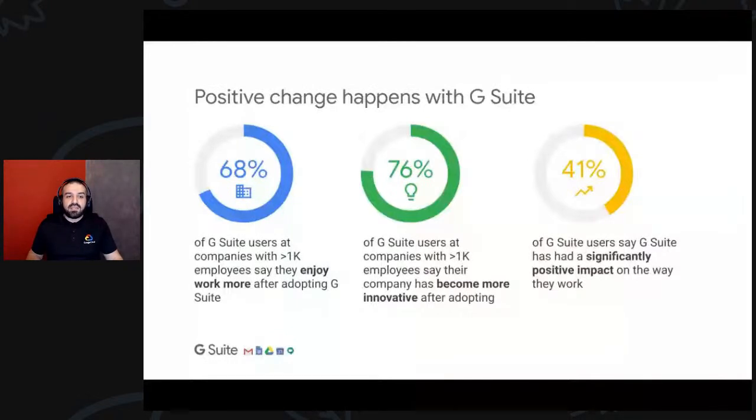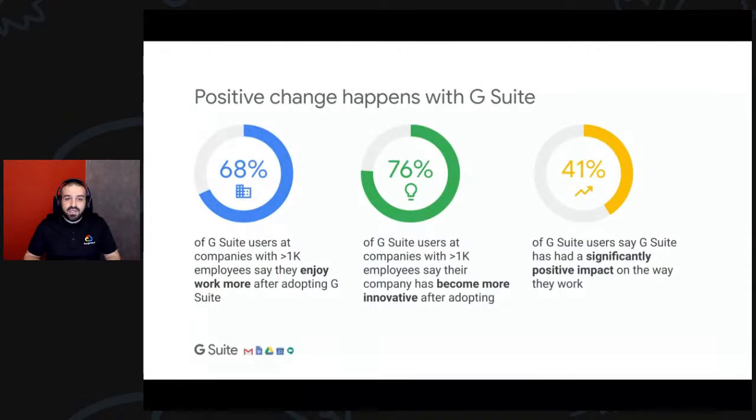So we've seen that companies with more than 1,000 employees have seen an increase of 68% of employees that are more satisfied and enjoying working at home, because their organizations have applied the right security measures, the right security posture to give them the flexibility and the freedom in order to use these tools at home.